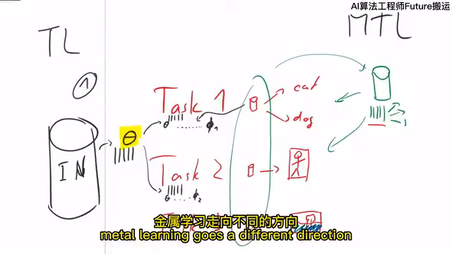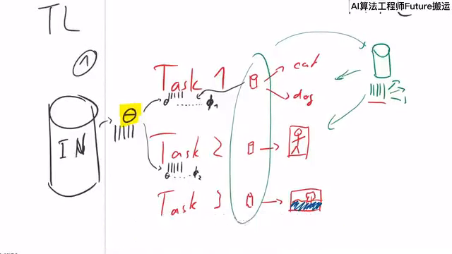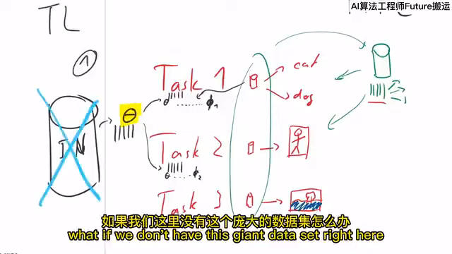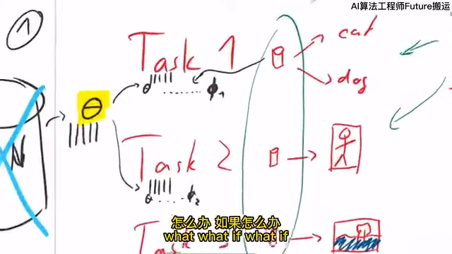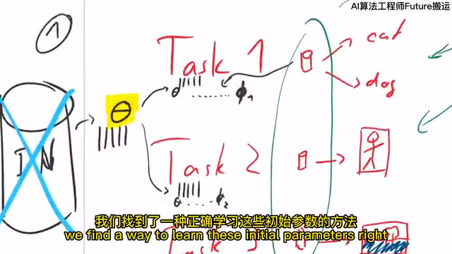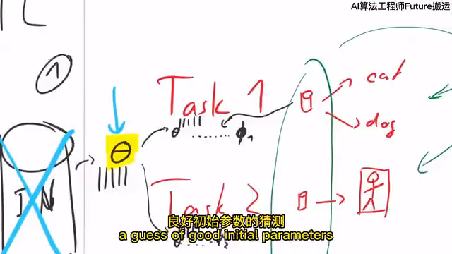Now, meta-learning goes a different direction. Meta-learning is like transfer learning, but it says, well, what if we don't have this giant data set right here? What if we find a way to learn these initial parameters? So we'll start out with a guess of good initial parameters.